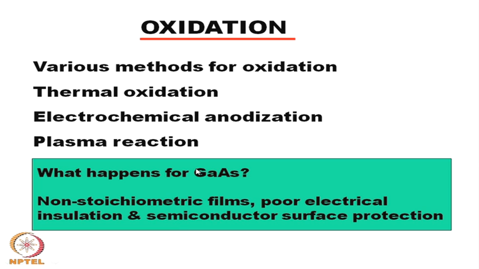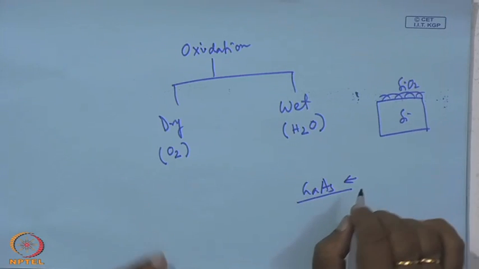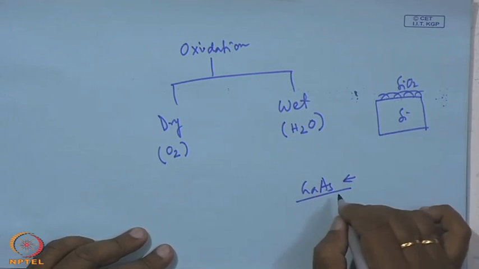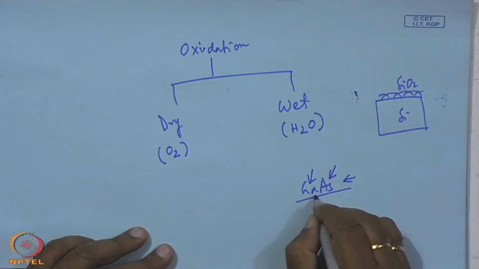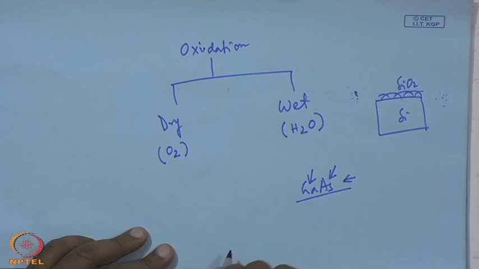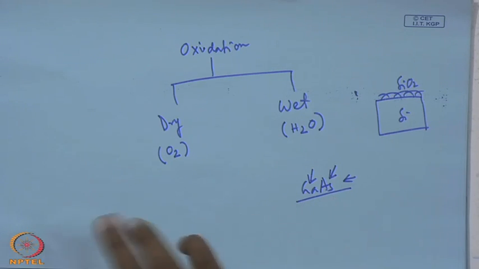And this is true for the SiO2 system. For silicon, SiO2 is a stable oxide; it makes the interface traps very low and it is very stable. And then what about gallium arsenide? What happens if gallium arsenide is oxidized? Since in the gallium arsenide lattice there are two types of atomic arrangements, one is gallium, another is arsenic, because it is a binary semiconductor, it will always lead to non-stoichiometric films.